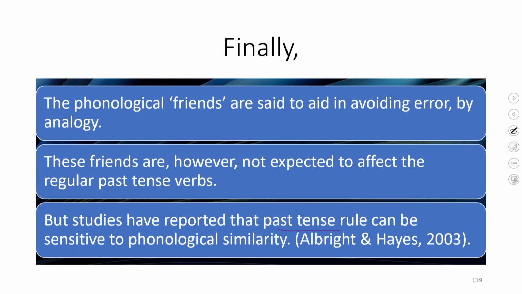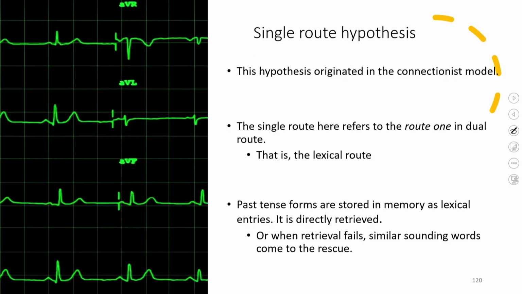So, they used a 4-way difference taking into account both of these variables, the phonological similarity and the rule, and there was a 4-way distinction that they created in the stimuli, and thereby they showed how the past tense rule was also sensitive to phonological similarity, which should not be happening. The hypothesis does not make any room for this kind of problem. It is only supposed to help in case of irregular words. So, these are problems with the dual root hypothesis that have been pointed out.